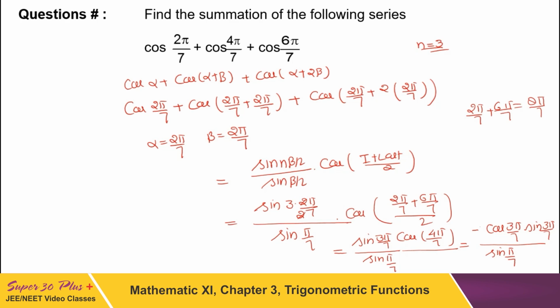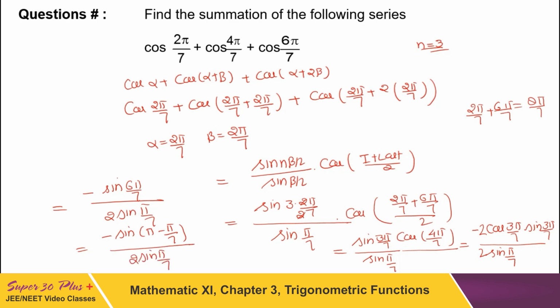After multiplying by a factor of 2, we can use the formula 2 sine A cos A, that is sine 2A, meaning it will become minus sine 6 pi by 7 whole upon 2 sine pi by 7. Now you can write 6 pi by 7 as pi minus pi by 7, meaning it will become minus sine of pi minus pi by 7 whole upon 2 sine pi by 7.